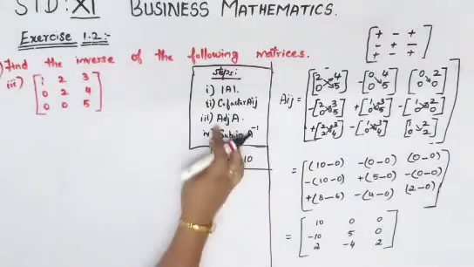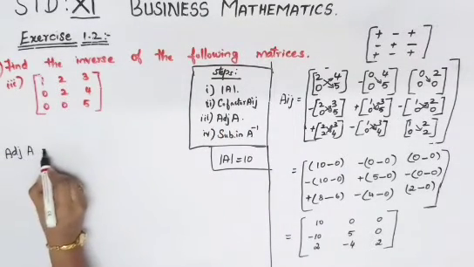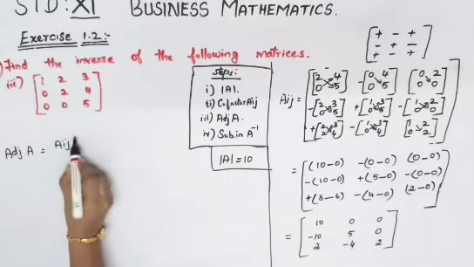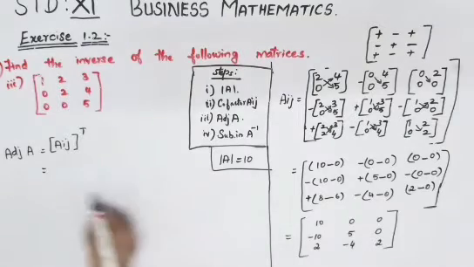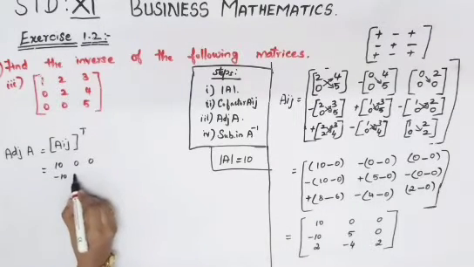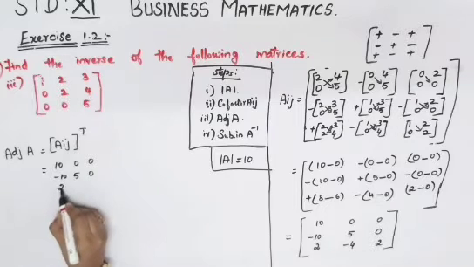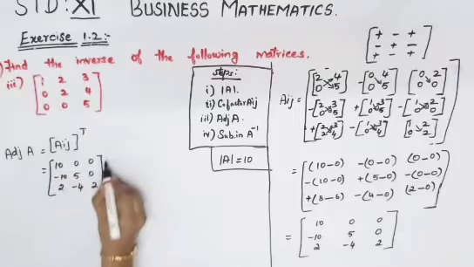Now we will have to find adjoint of A. So adjoint of A is nothing but Aij the whole transpose. So your Aij is these values, that is 10 0 0, minus 10 5 0, 2 minus 4 2. For that you will have to find the transpose.